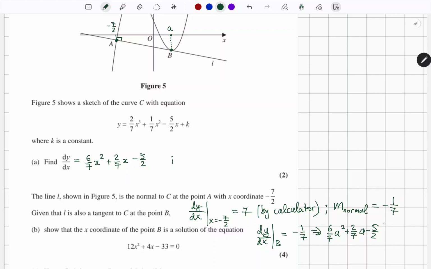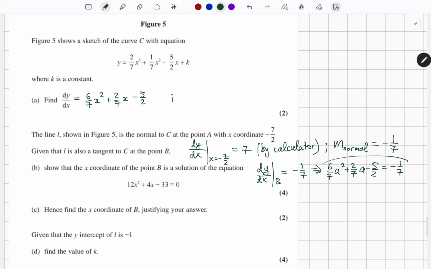This is the gradient of the function at B, and it must be equal to minus 1 over 7. So let me show you the equation. I hate denominators. Everybody hates denominators. To get rid of denominators, I multiply this equation by 14, because it's the LCM of 7 and 2.